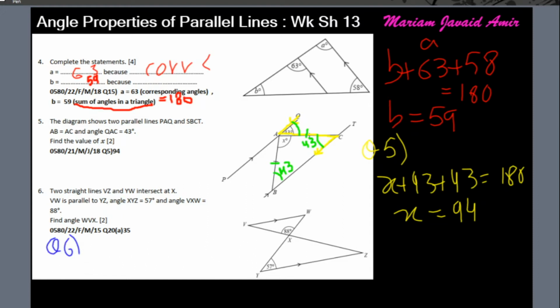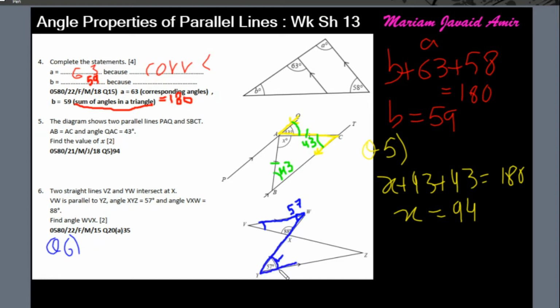Question 6. Two straight lines VZ and YW intersect at X. VW is parallel to YZ, and the given angles are 57 degrees and 88 degrees. Find the angle WVX. So we need WVX, which is this angle, and this angle is 57. Because of that, this angle will also be 57, because they're making the corners of a Z, and this property is called alternate angles.